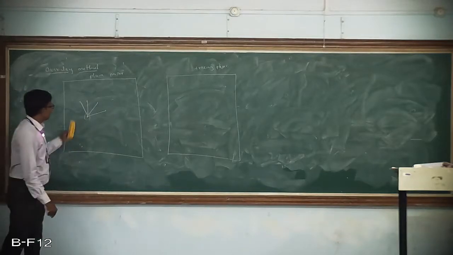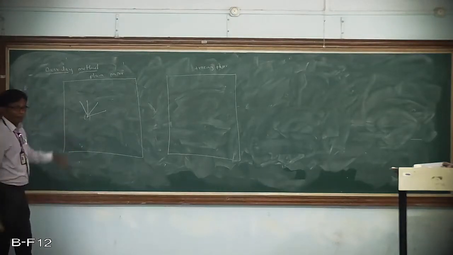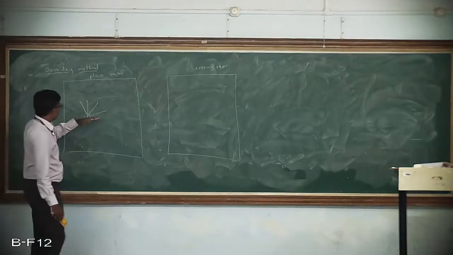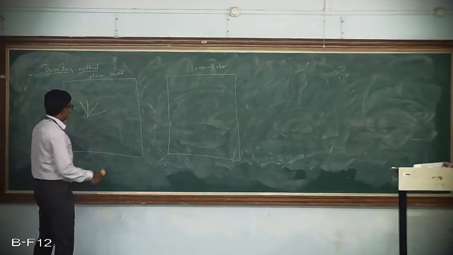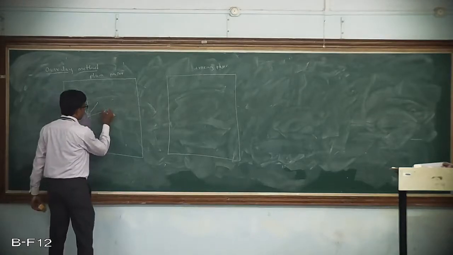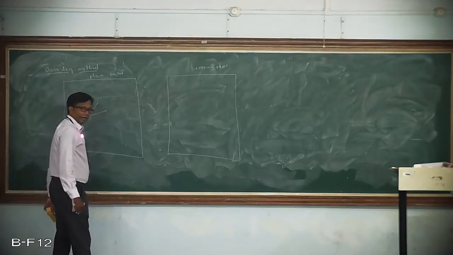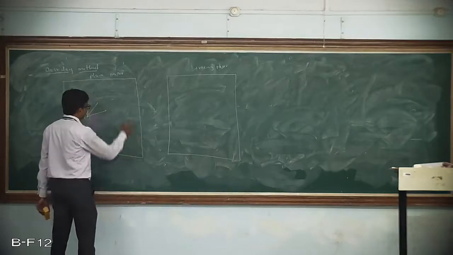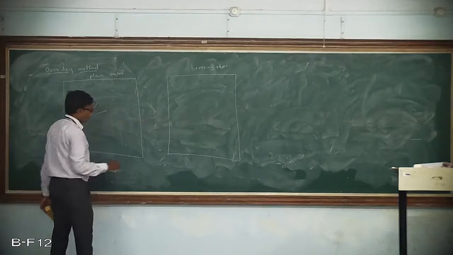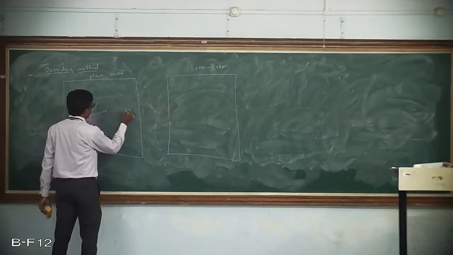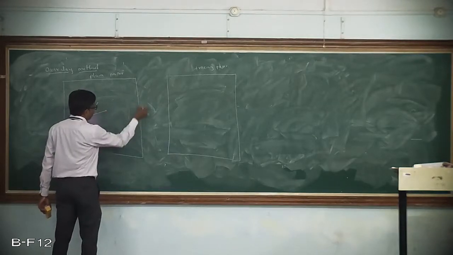So in a plain paper we'll identify a point, and with respect to that point I'll draw the different positions of the crank. After this, I'll take this as a center, with different radii, and try to draw the arcs.